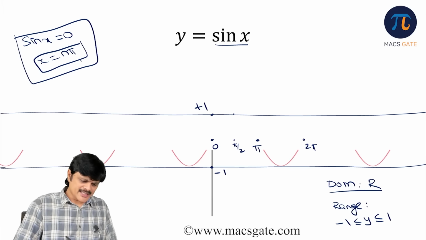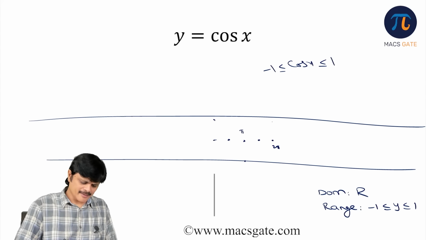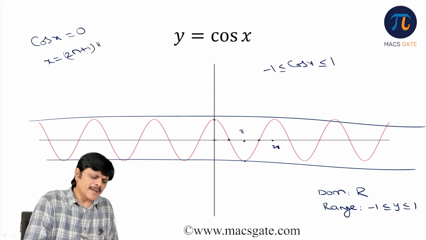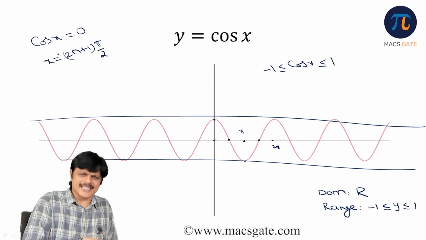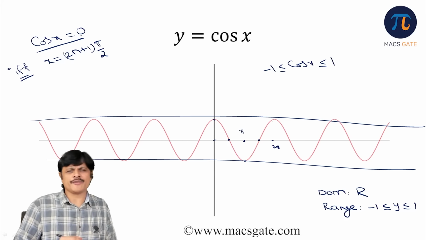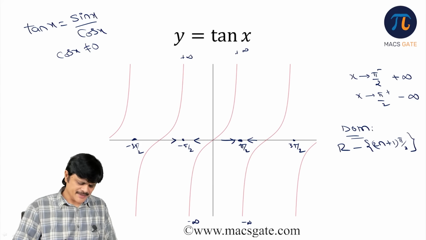Similarly, cos x is 0 when x is equal to (2n plus 1) pi by 2, n is an integer. So this is additional information, the zeros of sine and cos, and that is exactly what we use for this tan x function.